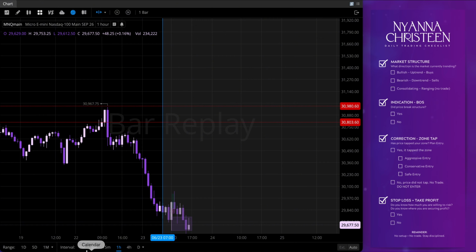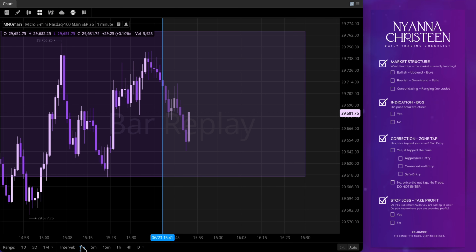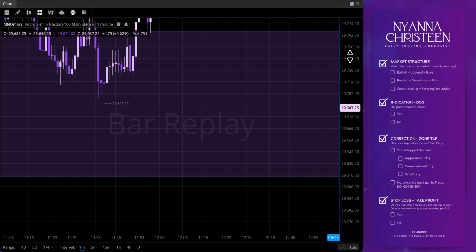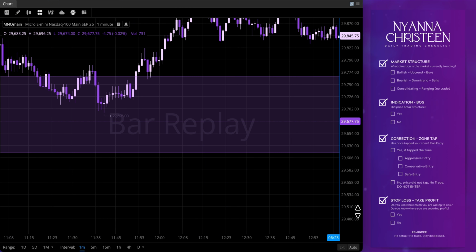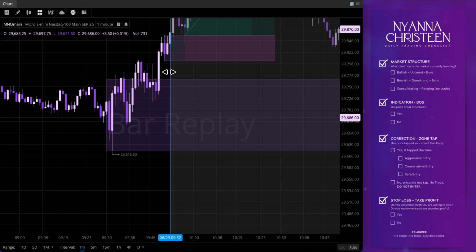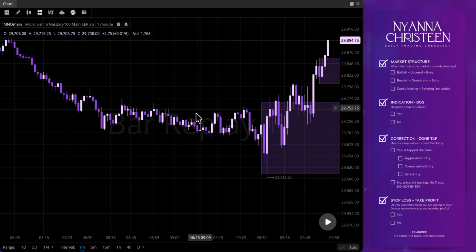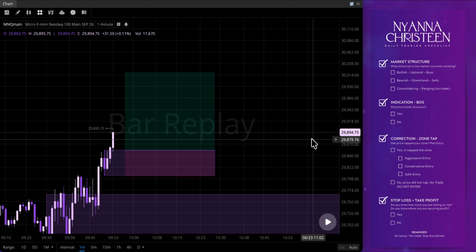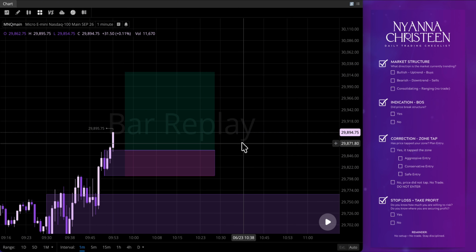And let's actually go over the trade I took on the 1 minute. Let's find it. I'll show you what an aggressive entry would look like, a conservative entry would look like, and then I will show you a safe entry. For this same exact trade, I'll show you how someone could have got in on the same trade with the three different types of entries.